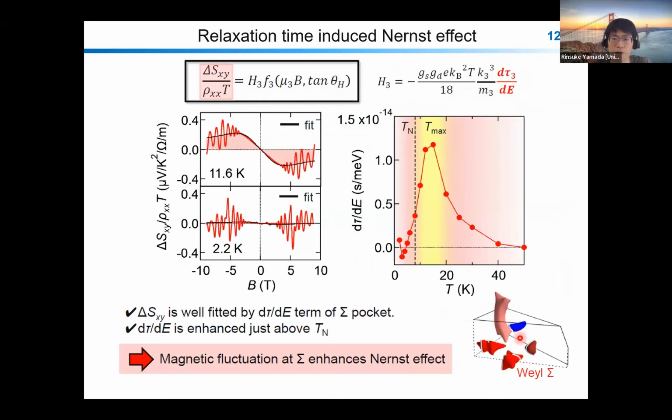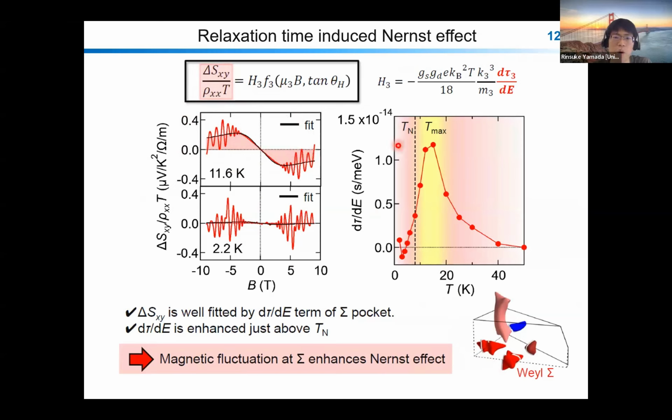Then, assuming that this contribution is coming from the sigma pocket, which would be significantly affected by the magnetic ordering, we fitted the field dependence of the additional component as shown here. We found that we can nicely explain the experimental result by using this tau effect.